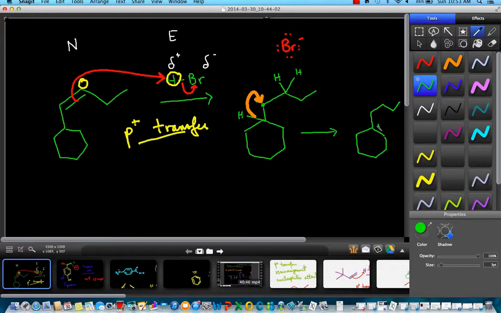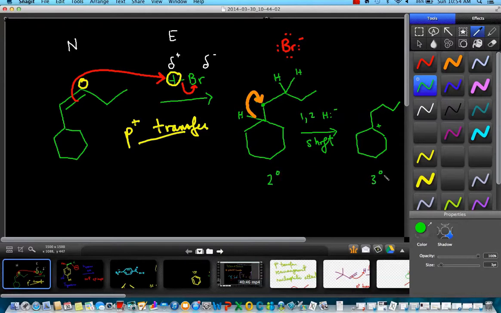Anyone? This undergoes a 1,2 hydride shift. So above the arrow, I could even write 1,2 hydride. You guys are so smart. A 1,2 hydride shift. I go from having a secondary carbocation to a tertiary carbocation.